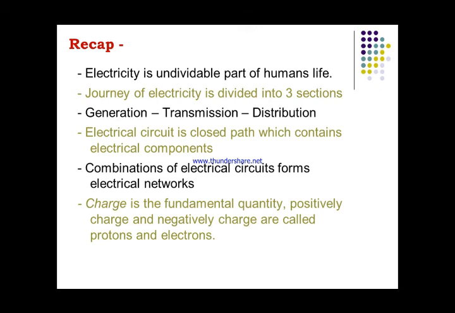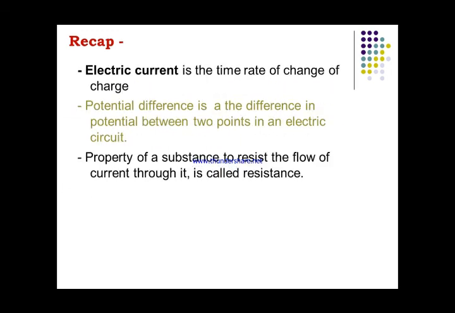The positive charge is carried by protons and the negative charge by electrons. Electric current is the rate of change of charge. Potential difference is the difference in potential between two points in an electrical circuit. The property of a substance to resist the flow of electric current through it is called resistance.